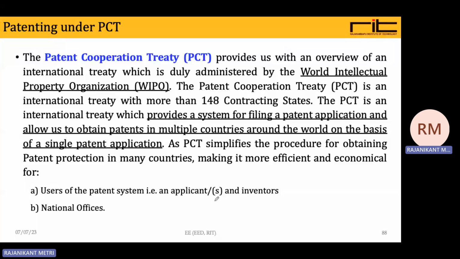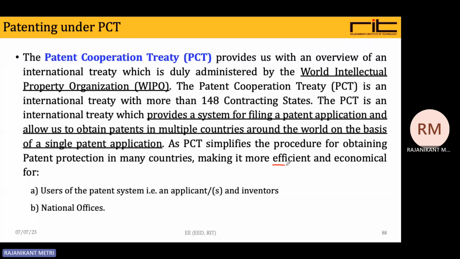So it is not required to patent in each and every country. If you patent through the Patent Cooperation Treaty in one single application, it is applicable to multiple countries. PCT simplifies the procedure for obtaining patent protection in many countries, making it more efficient and economical.